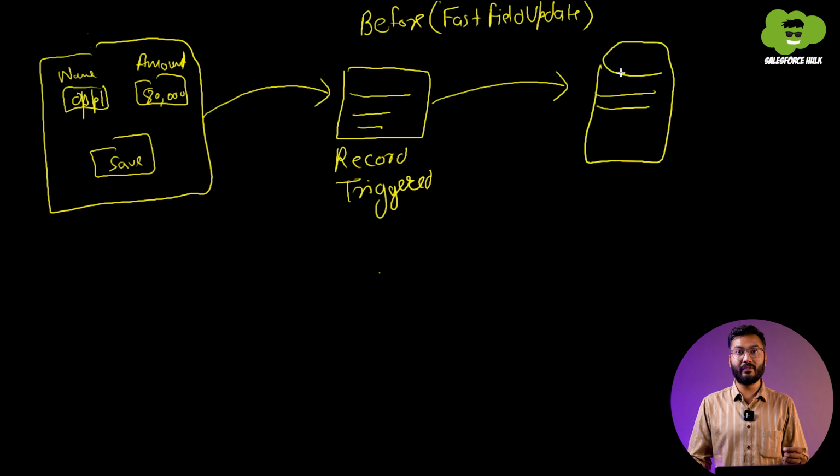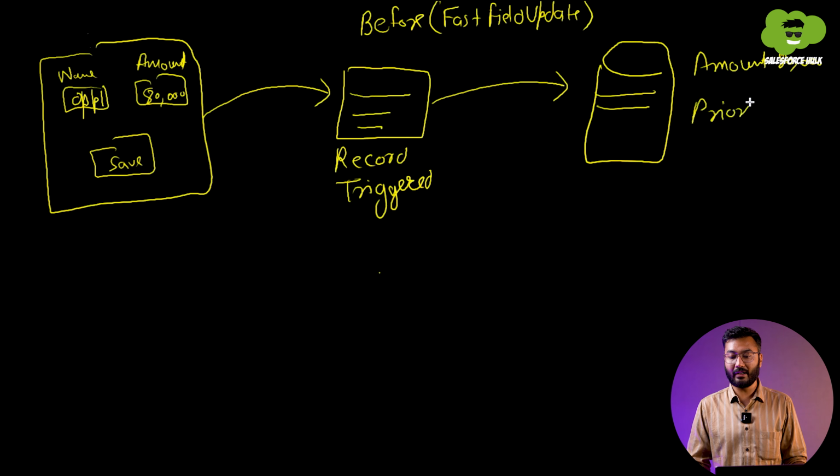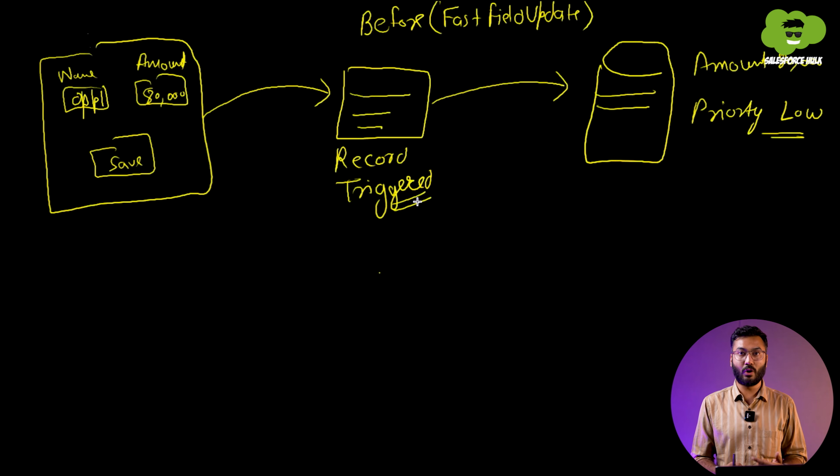So whenever the record will be saved into the database, the amount in that record will be what? 80,000. And the priority of that record will be what? Low. And that will be done with the help of record triggered flow. We have implemented the automation so that whenever a user will be creating the record, automatically the priority will be set according to the amount.